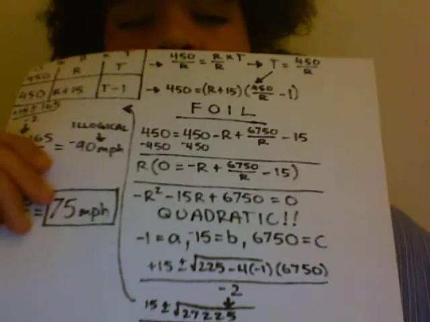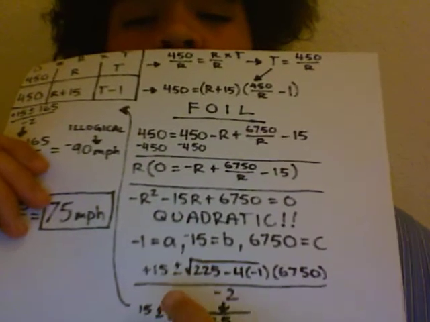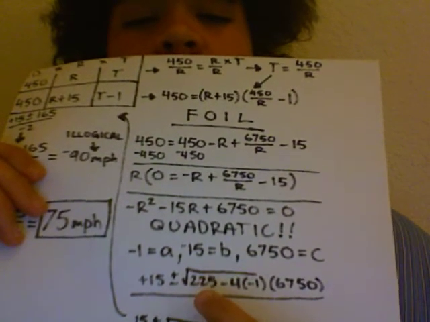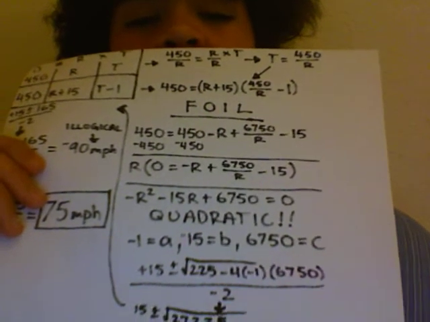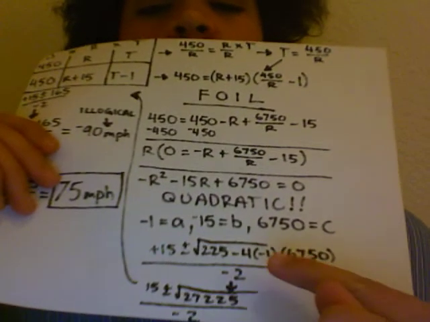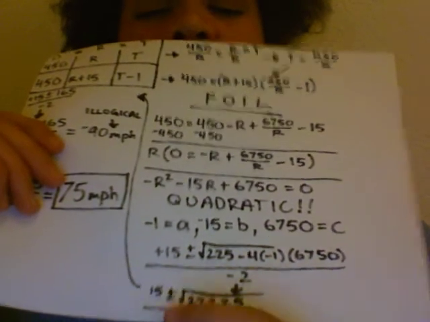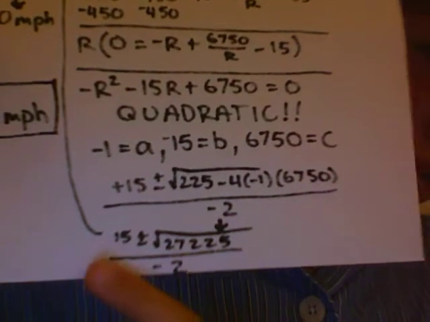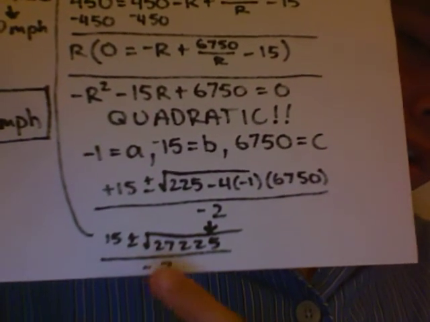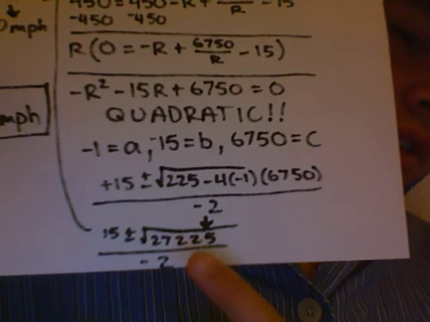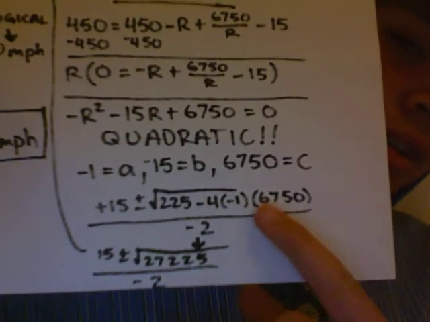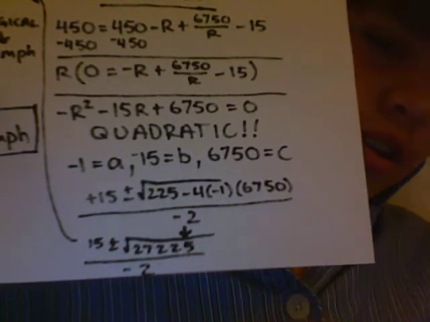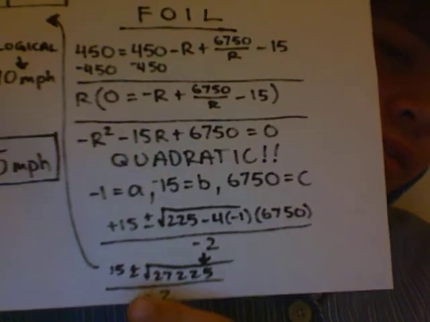And so you've got positive 15 plus or minus square root of 225 minus 4 times negative 1 times 6,750 all over negative 2, which turns out to be 15 plus or minus square root of 27,225, because this combination up here is 27,000 and 225, all over negative 2.